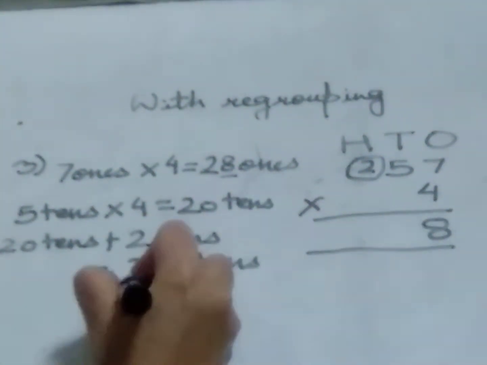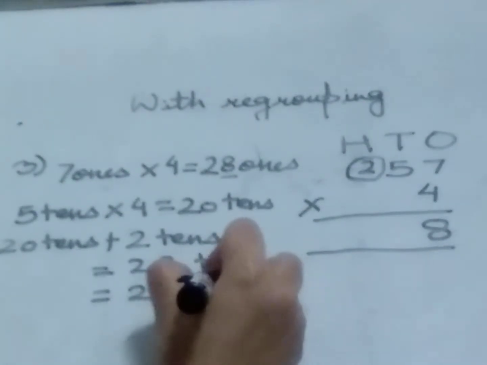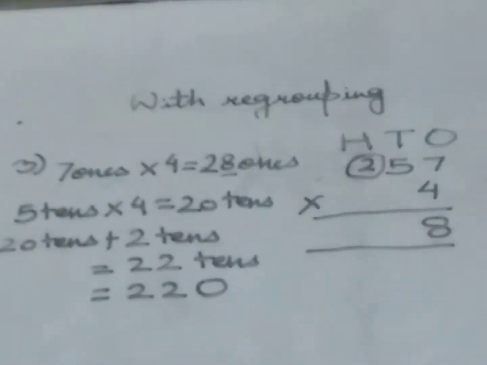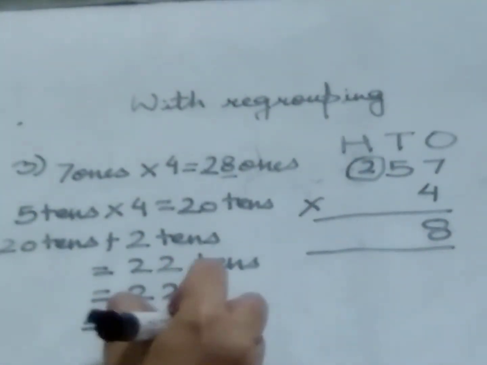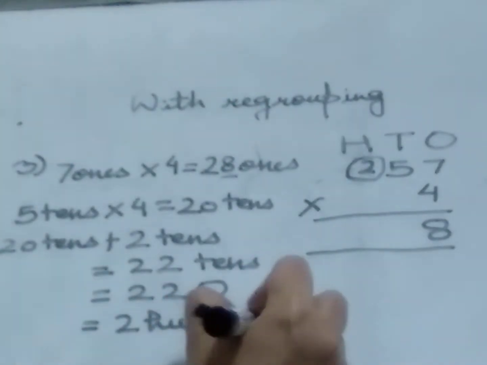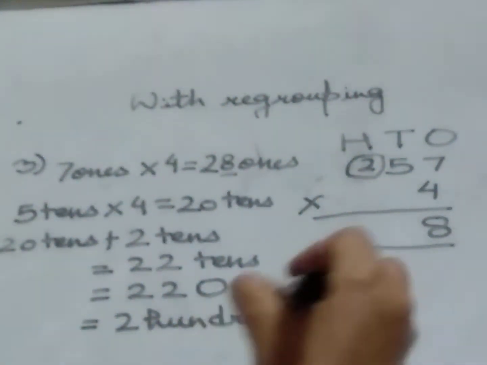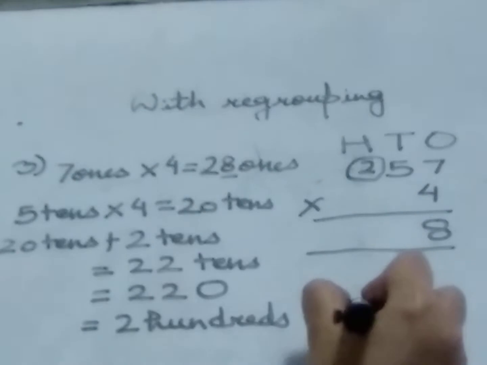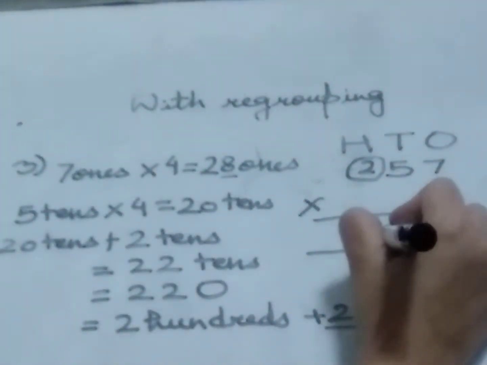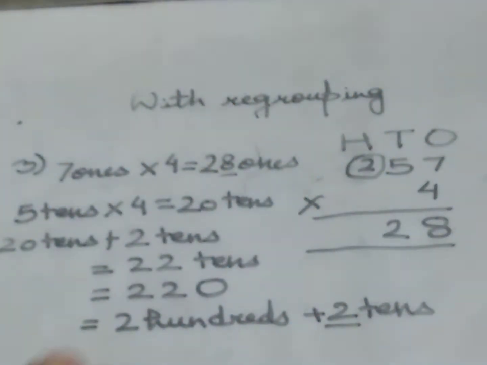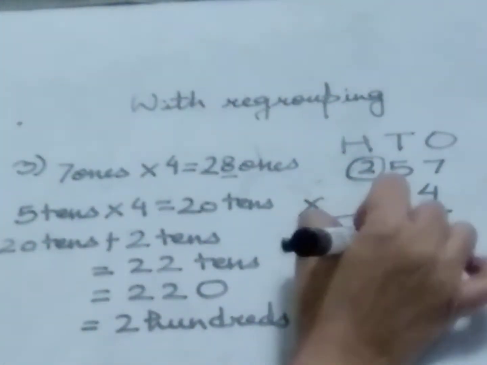You can write it as 22 tens means 220. So you can write it as 200 plus 2 tens. So write this 2 in the tens column and 2 in the hundreds column.